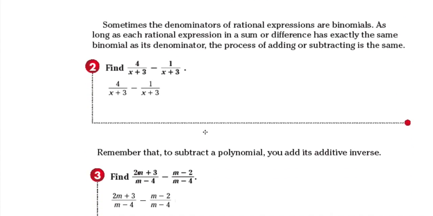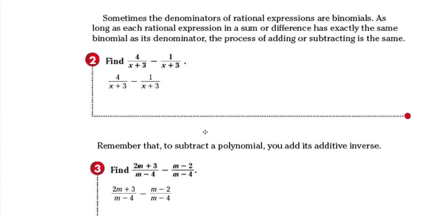Let's take a look at example number 2. Sometimes the denominators of rational expressions are binomials. As long as each rational expression in a sum or difference has exactly the same binomial as its denominator, the process of adding and subtracting is the same. So in example number 2, we want to find 4 over x plus 3 minus 1 over x plus 3.